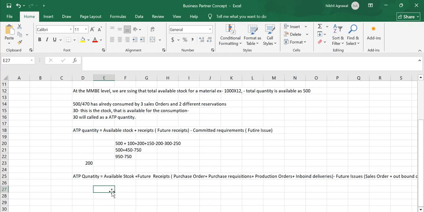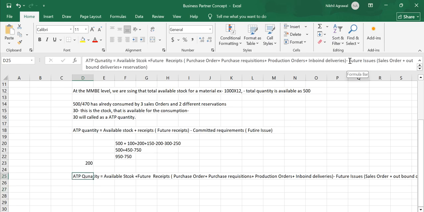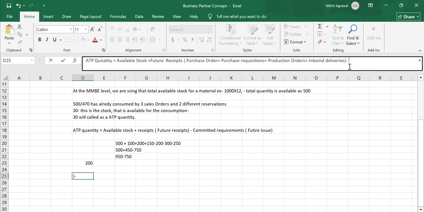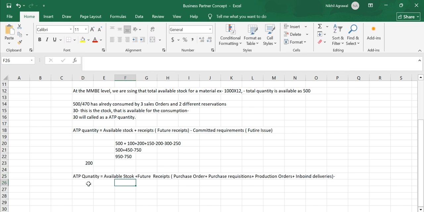This is nothing but the inventory. Stock position means inventory position, guys. So this is how we did the derivation of the ATP quantity.